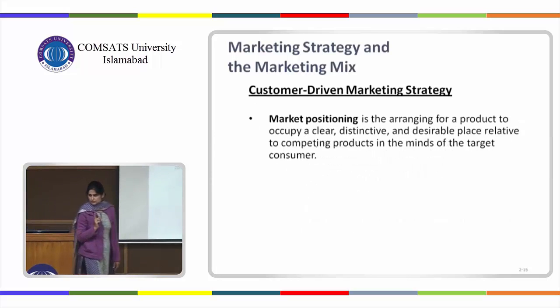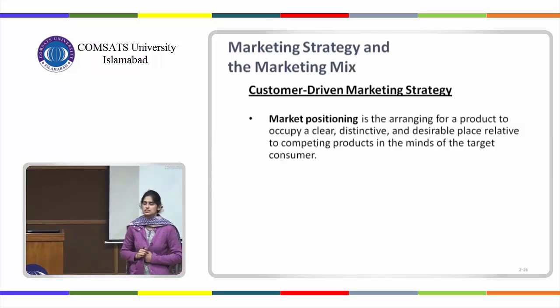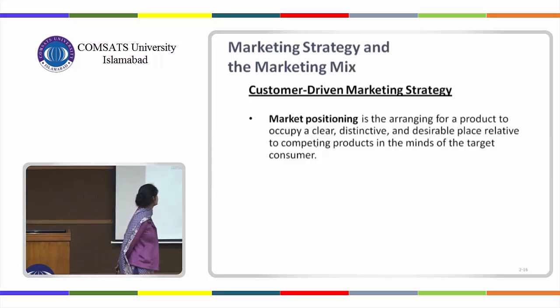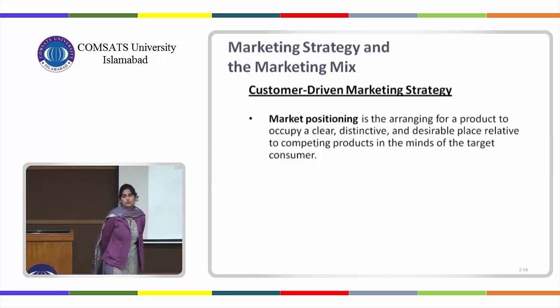Coming down to market positioning. What is market positioning? You position your product in the minds of the customer. It is arranging for a product to occupy a clear, distinctive, desirable place relative to competing products. So in the perceptual map that is there in the customer's mind, where does your product stand? Or where would you want to place the product?